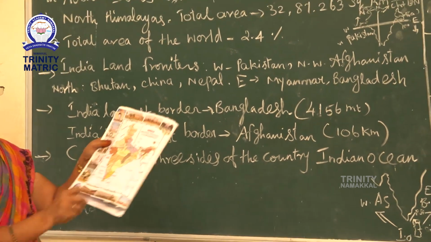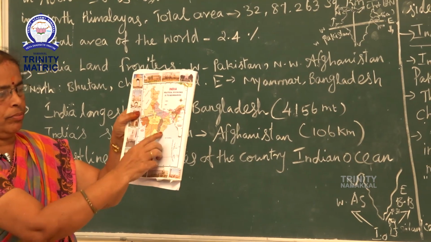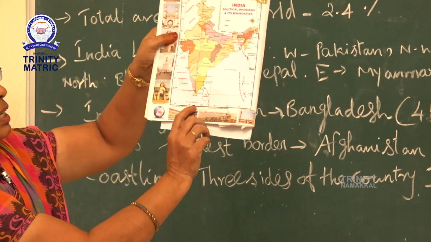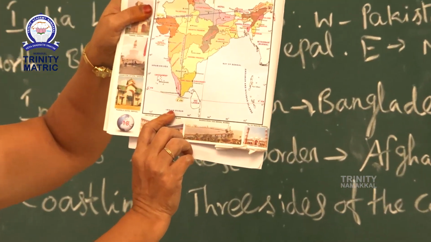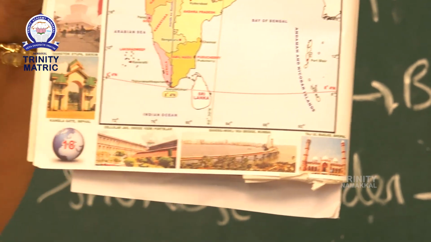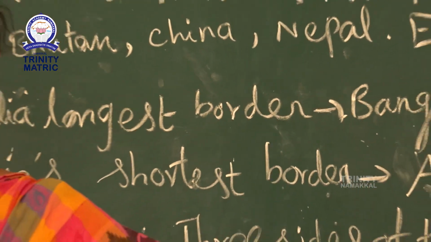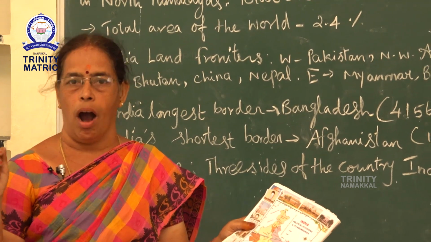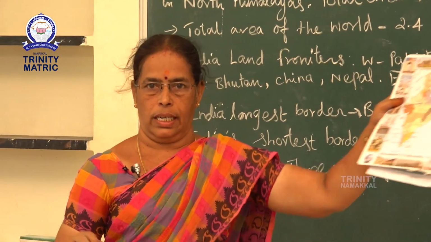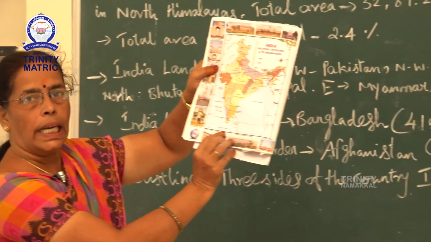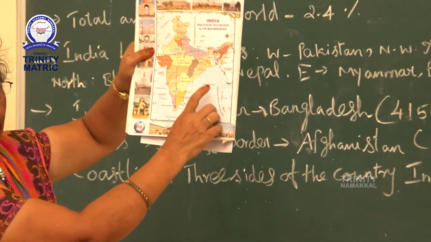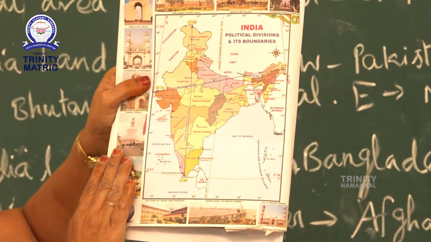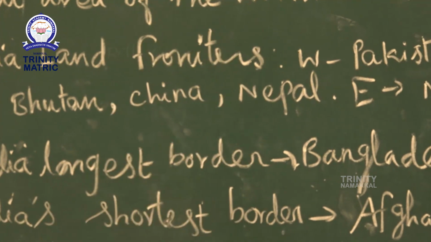And these are the coastal lines. This is the Indian Ocean. The Indian Ocean has two arms, one arm and a second arm. Children, you know the meaning of arms. This is one arm, that is the second arm. In the east, one arm is the Bay of Bengal, and on the west side is the Arabian Sea.